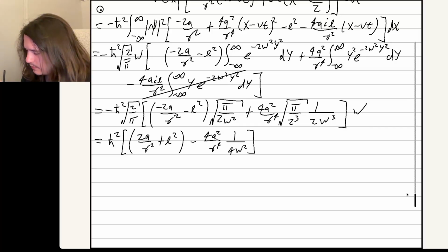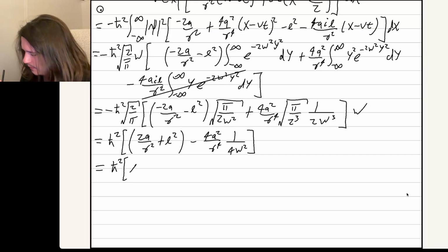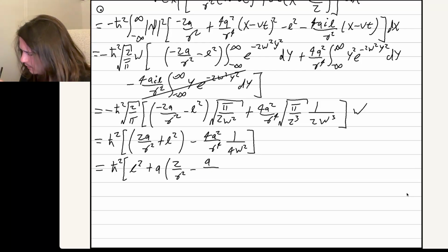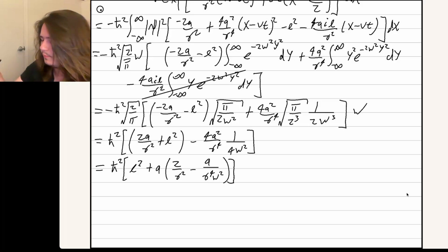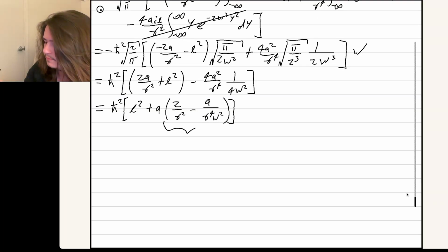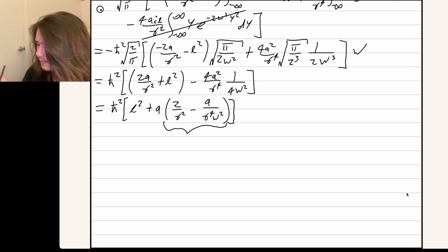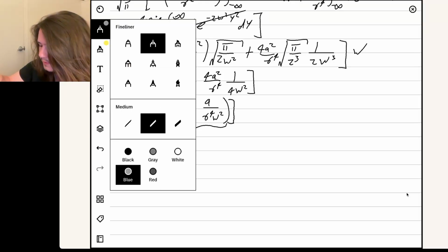So let's group it together like this. L squared plus a times 2 over gamma squared minus a over gamma fourth w squared. Right. And we're going to take this term and we're going to prove that it's equal to 1 in a different color.